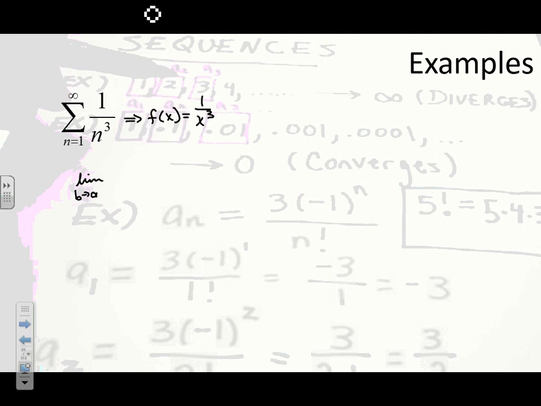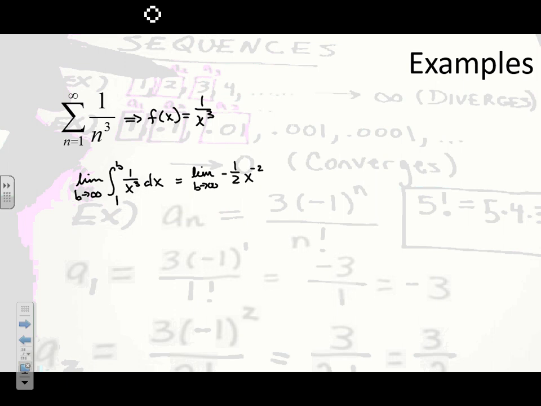So I'm going to go straight into limit form here. So if we integrate 1 over x cubed, we would get negative 1/2 x to the negative 2.